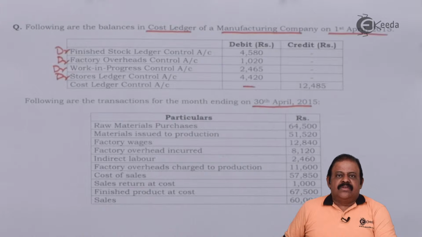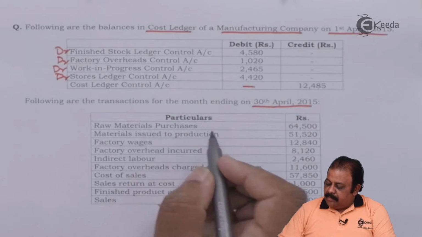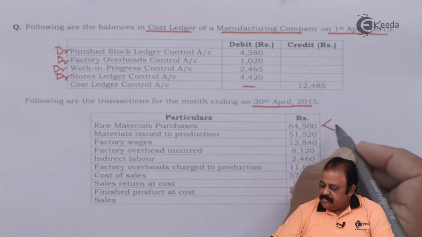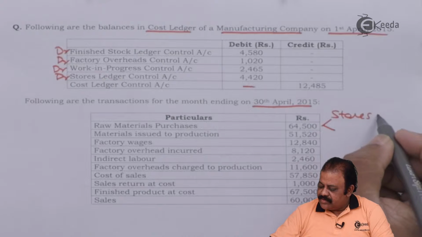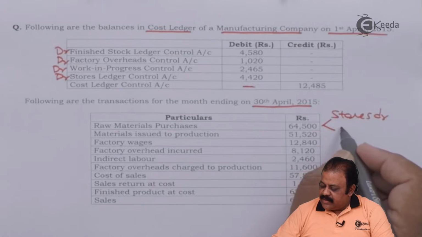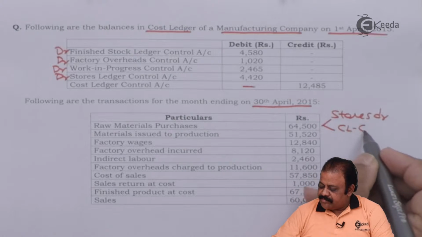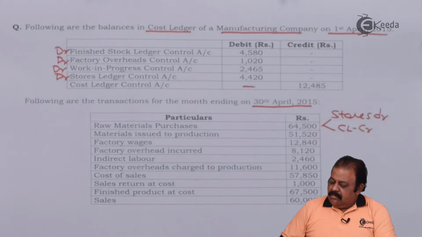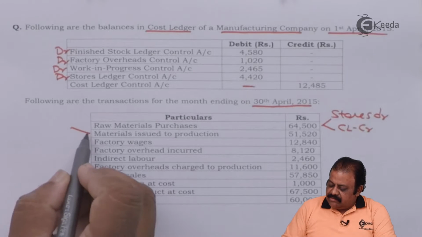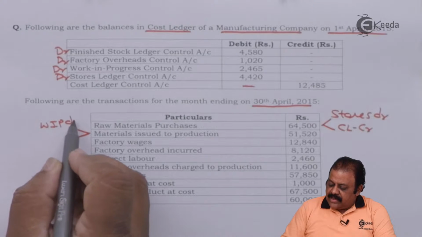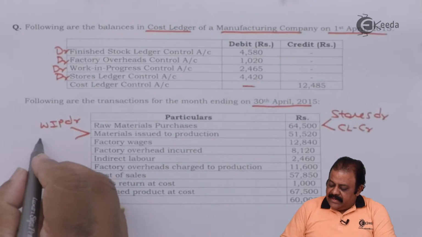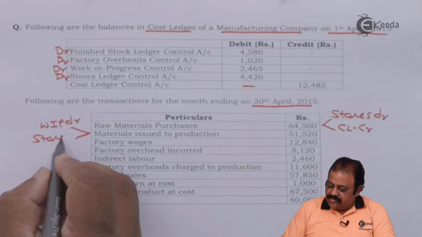30th April 2015. Raw material purchased. This will be debited to stores account and credited to cost ledger. Material issued to production. This will be debited to work in progress account, credited to stores.